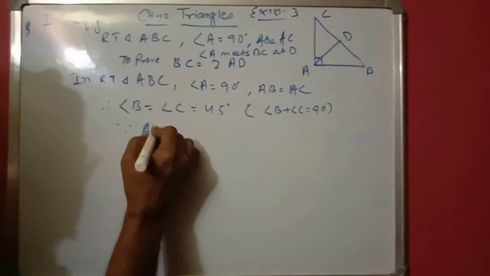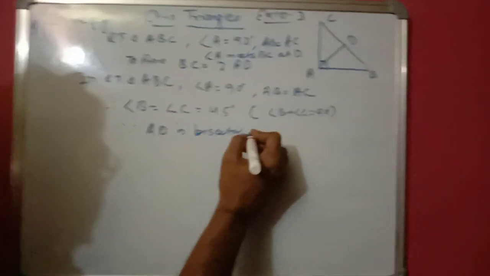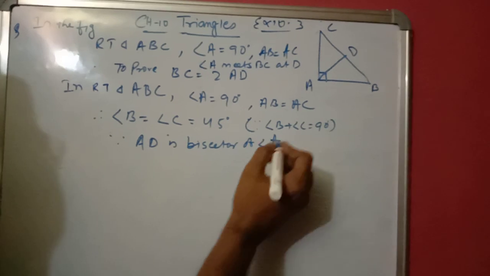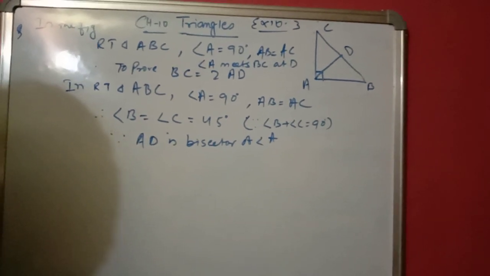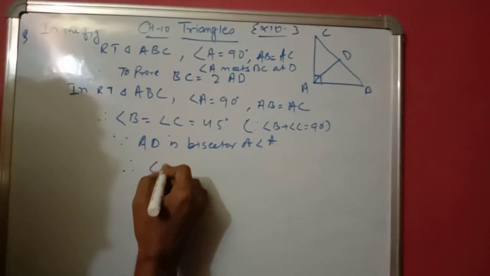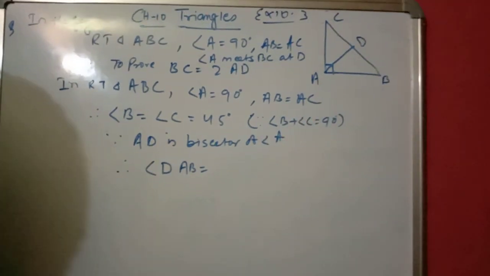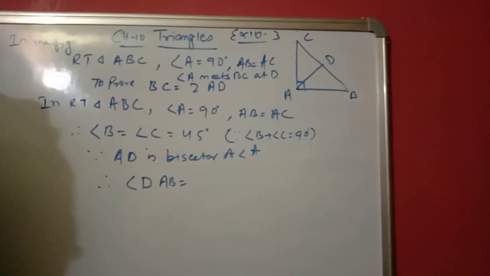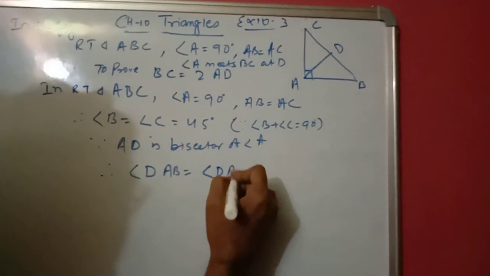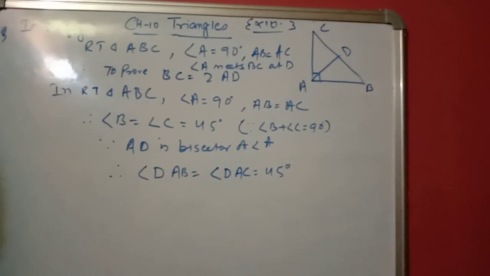Therefore this is 45 degrees. Since AD is the bisector of angle A, therefore angle DAB equals angle DAC equals 45 degrees.